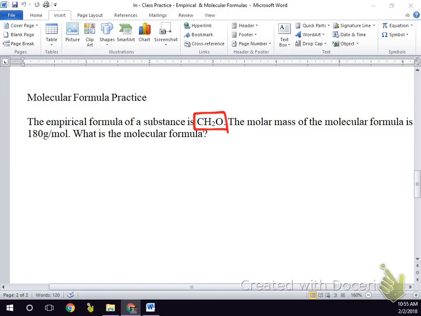We need to find the molar mass of CH2O, because it tells us the molar mass of the molecular formula is 180, right? But we don't know what the molar mass of the empirical formula is until we solve for that. So CH2O, if you don't have your calculator out, go ahead and grab that out, please.